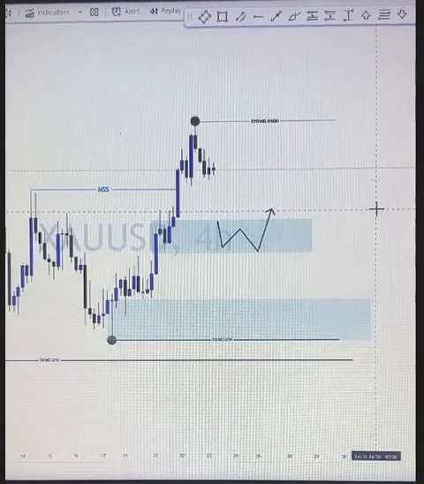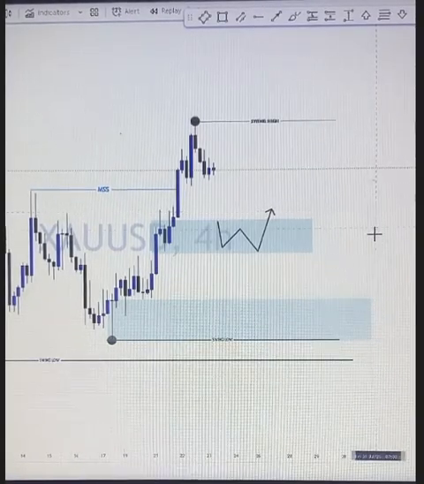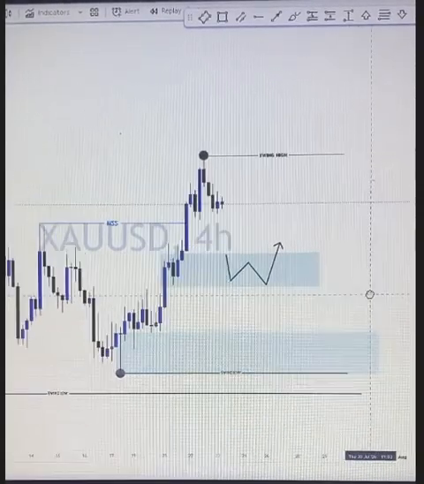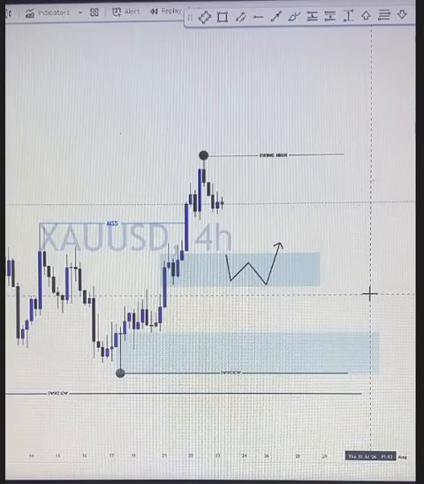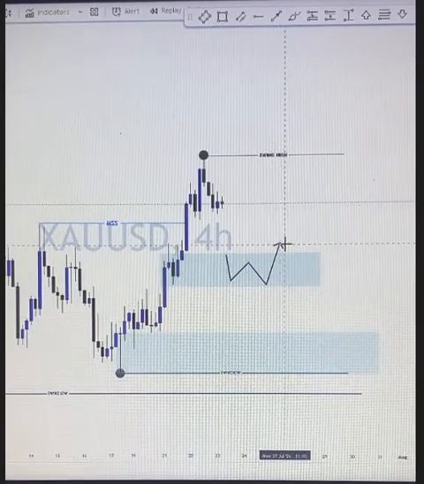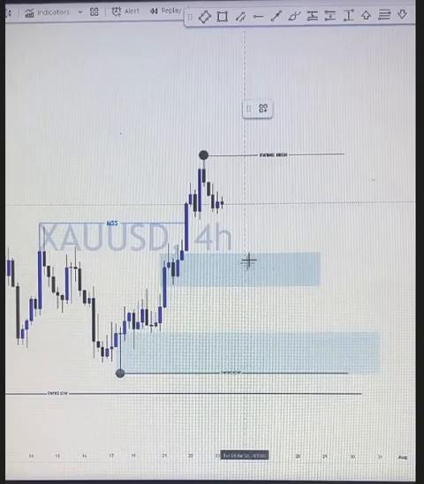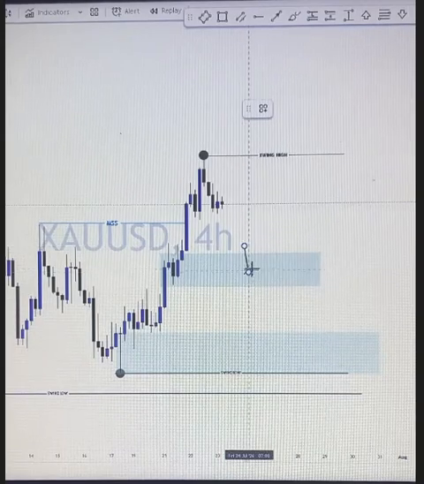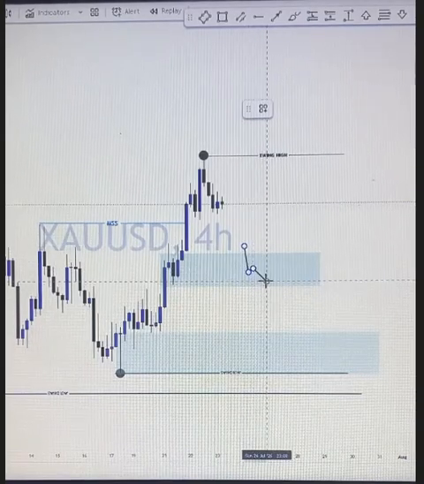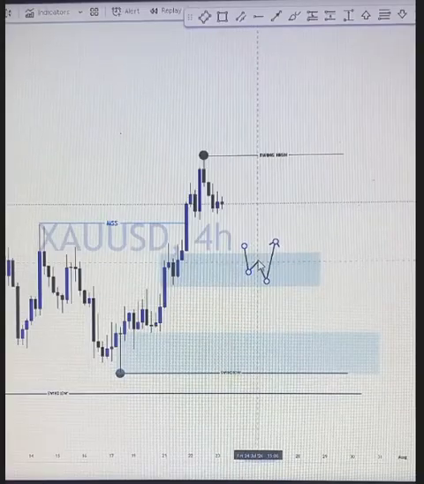Whether it is mitigated or not, all we want to see is if price can give us a buy formation. Whether mitigated or not, we want to see if price can give us a buy formation.